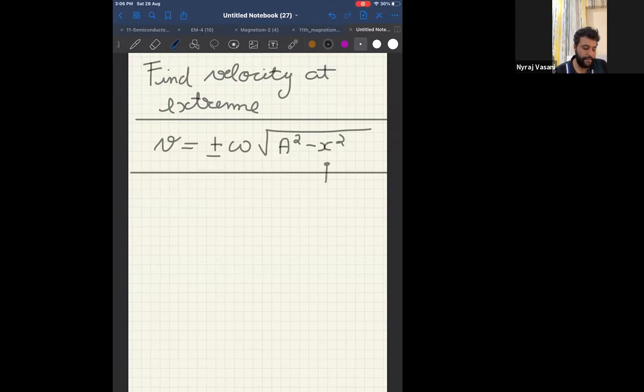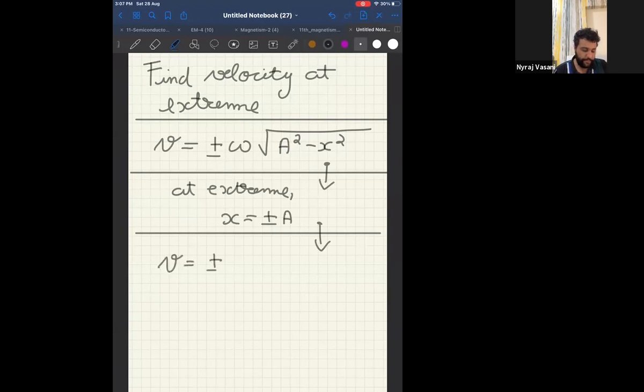Now, at extreme position, x is equal to plus or minus a. If I put x is equal to plus or minus a in my formula, I will get v is equal to plus or minus omega root of a square minus a square, because plus or minus a whole square is a square itself.